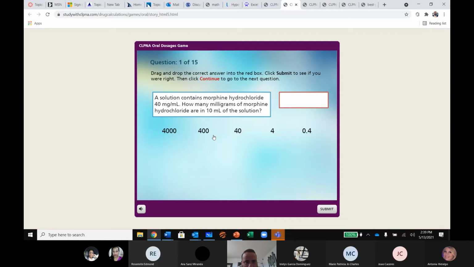How many milligrams are in 10 ml? 4? 400? Let's check with 400.